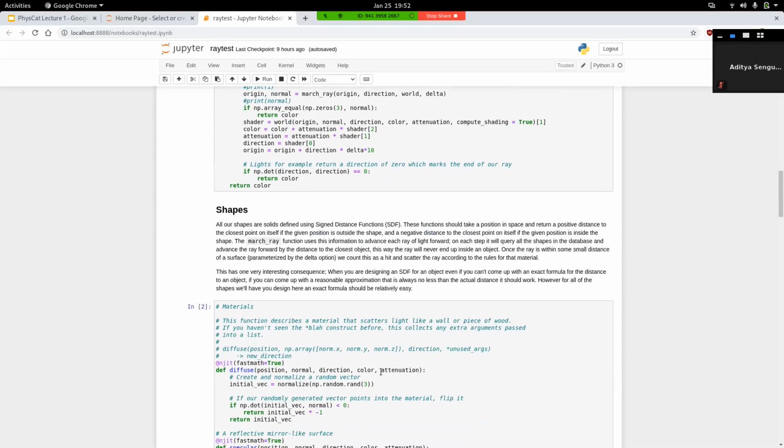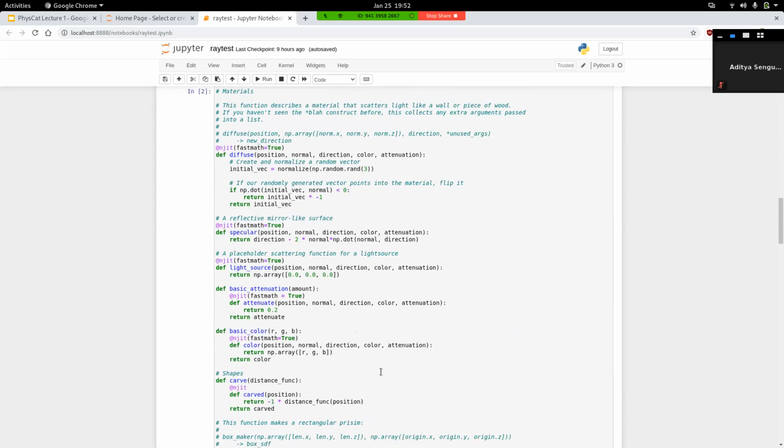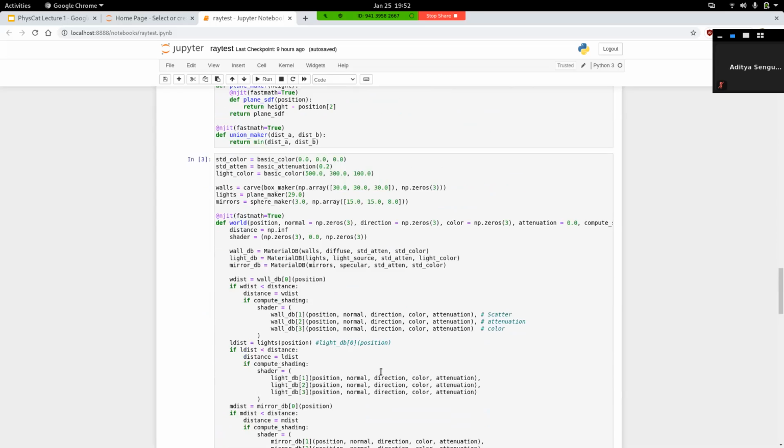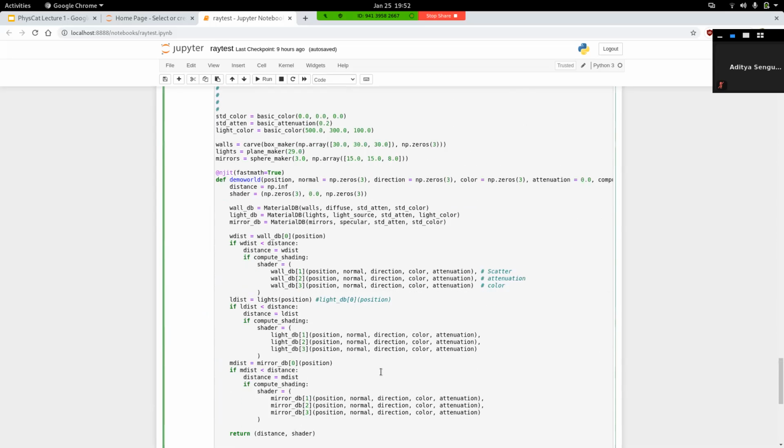And then I took those two functions and composed them with functions that describe different shapes, like a square or a plane or a sphere. You're going to be writing some of those, so I'm going to scroll past those real quick. And then I wrote a function that describes some small world. So you're in a room that's a box, you've got a plane of light overhead, and you've got a sphere that's a mirror in the center.